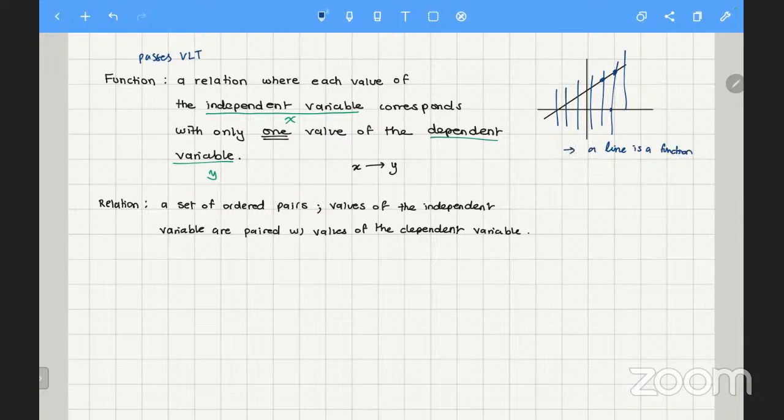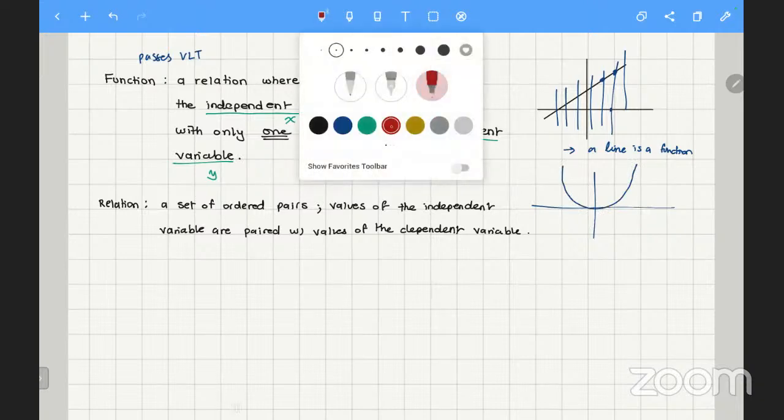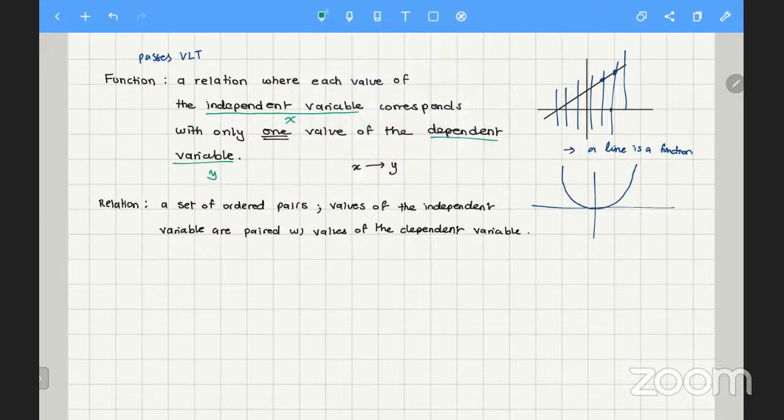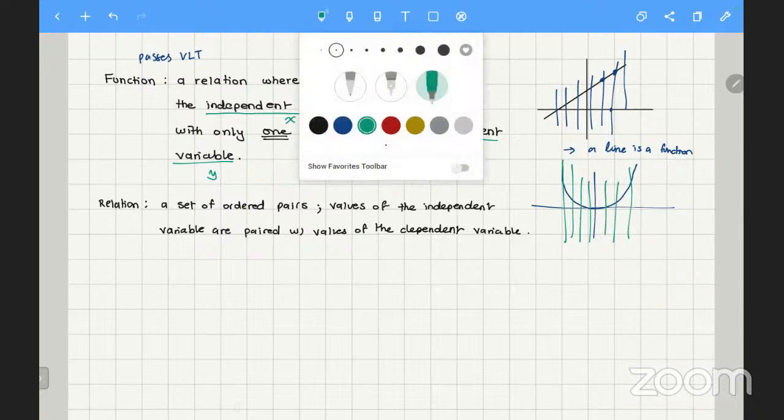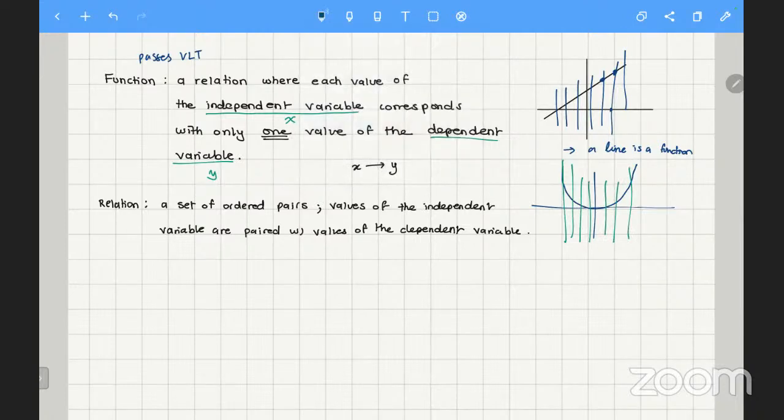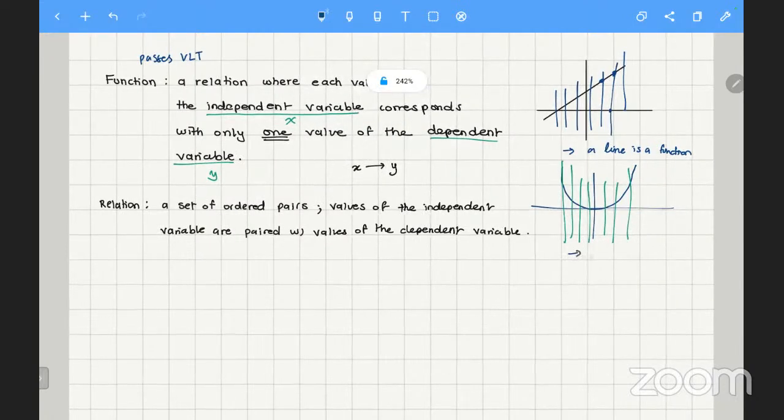Okay, how about over here? Does a parabola pass the vertical line test? Yes. For every x value, there's only one y value. It can still curve. That's fine. It's still a function.